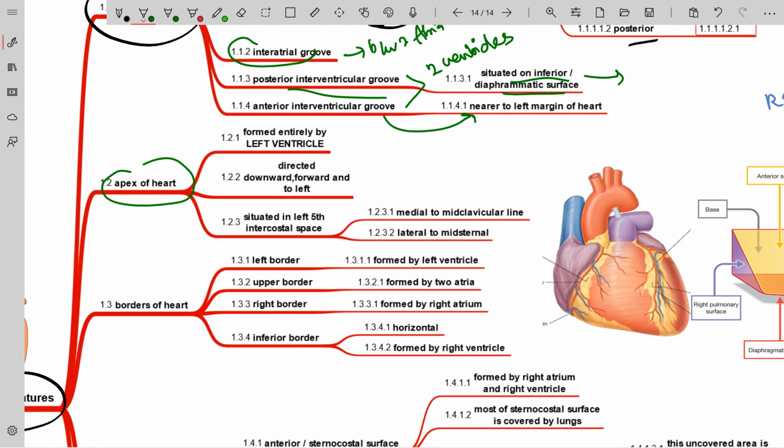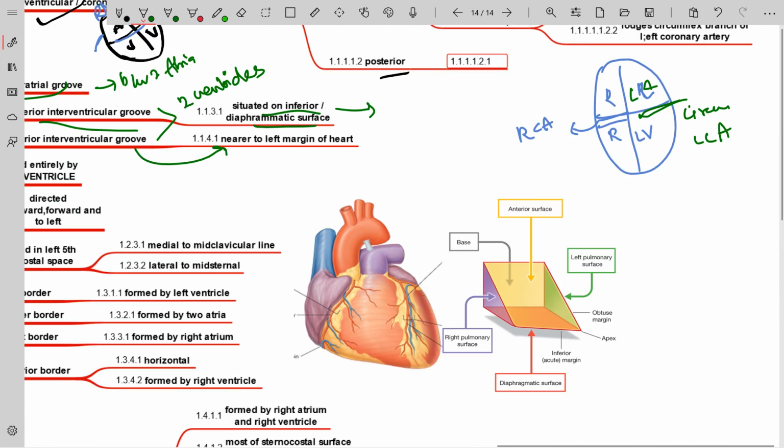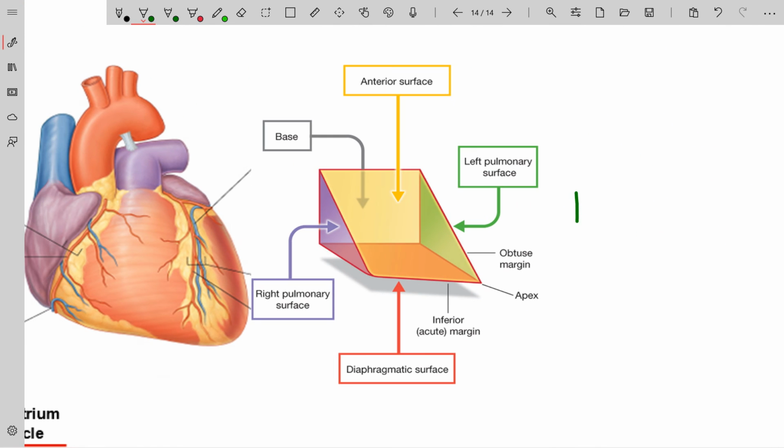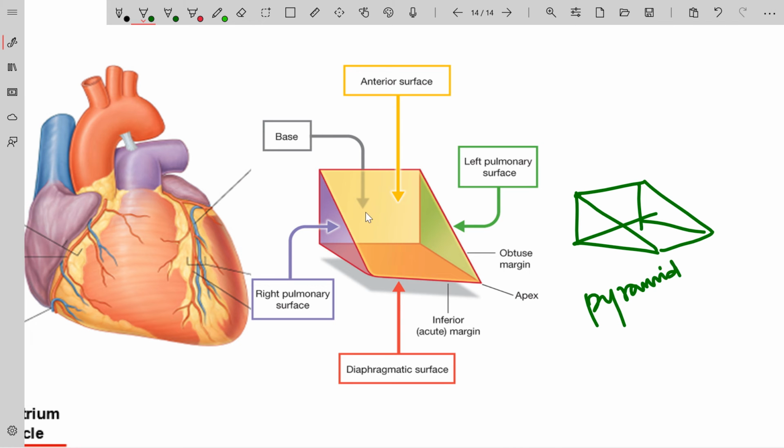Next is the apex of heart. So here you can see the geometrical diagram of heart. It is a pyramid or conical shape. This is the base at the back side. The front is the anterior. This is the diaphragmatic surface.